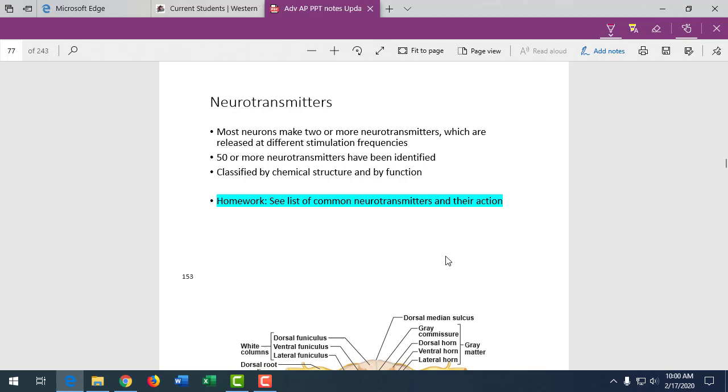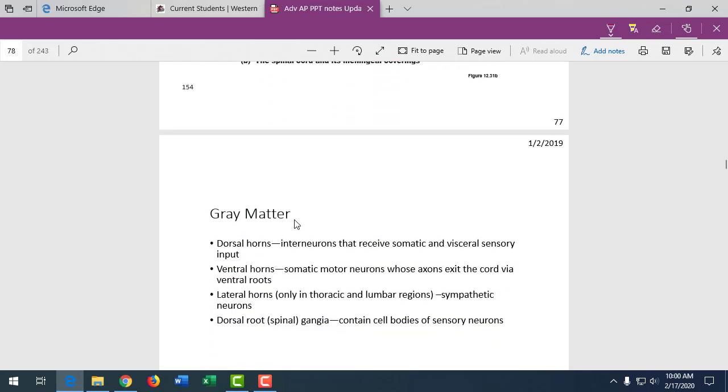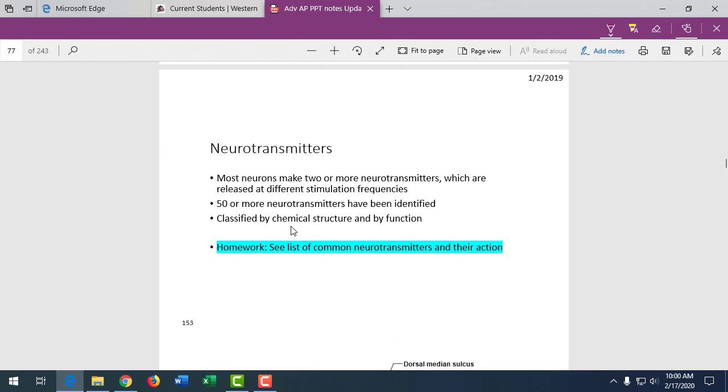I'll pull that up here in just a minute. There are 50 neurotransmitters that have been identified, and we'll talk about how those work. The first neurotransmitter I want to talk about, if you look in your list, I'll pull it up here.